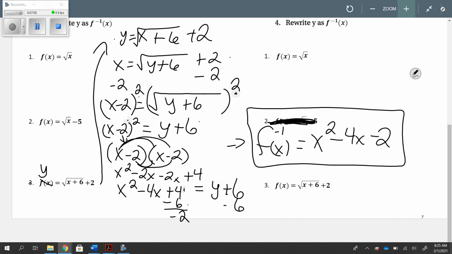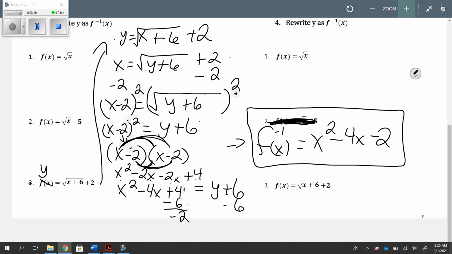But it's not as simple as just moving the 6 over and saying our answer is x minus 2 squared minus 6. We have to actually factor it out. That's what I'm doing here. X minus 2 squared means x minus 2 times x minus 2. So I do all that distribution here, okay? Then I see I'm left with x squared minus 2x plus 4.